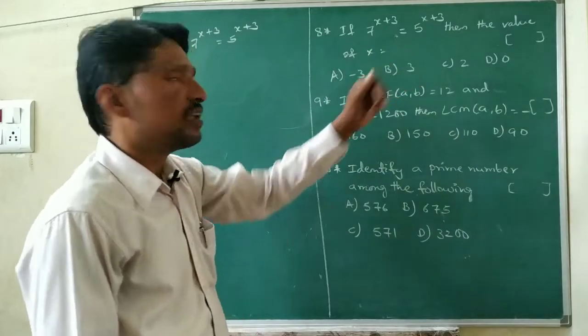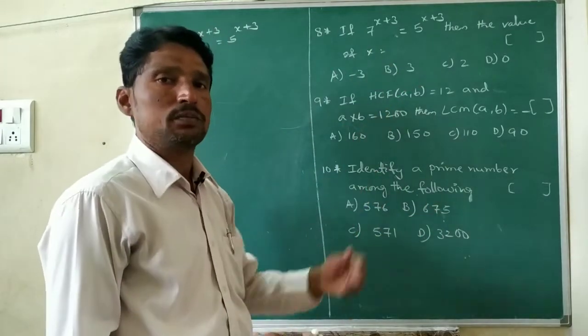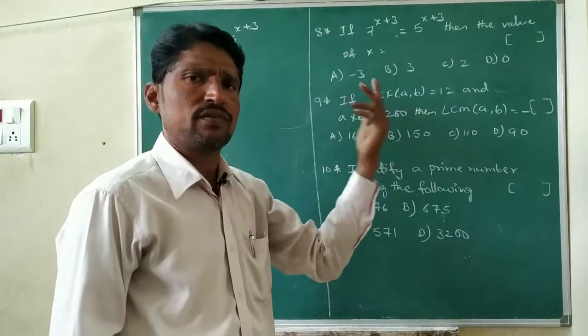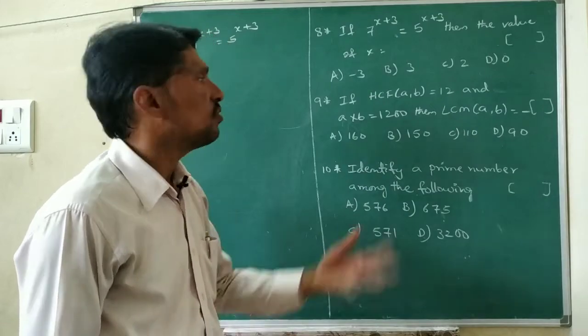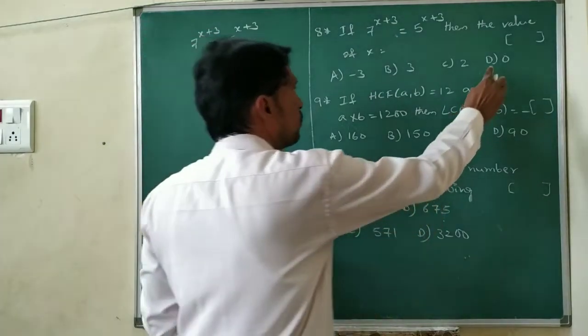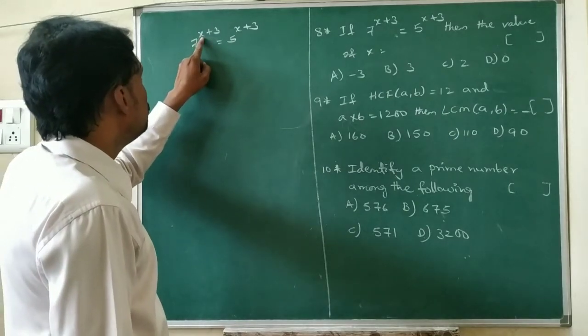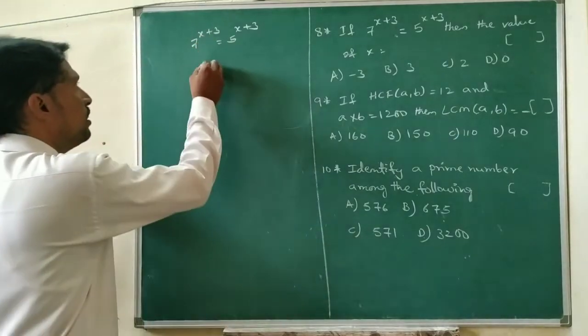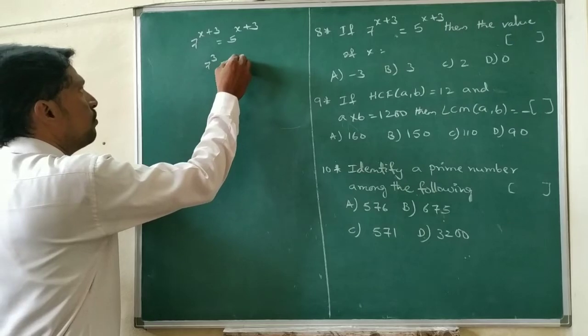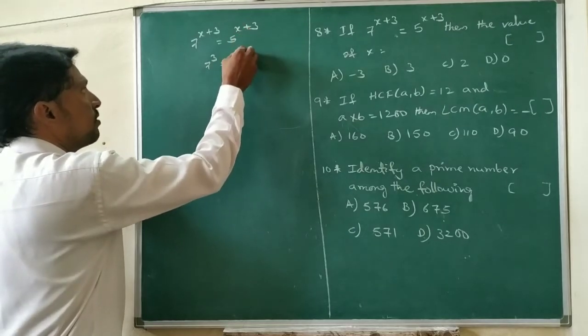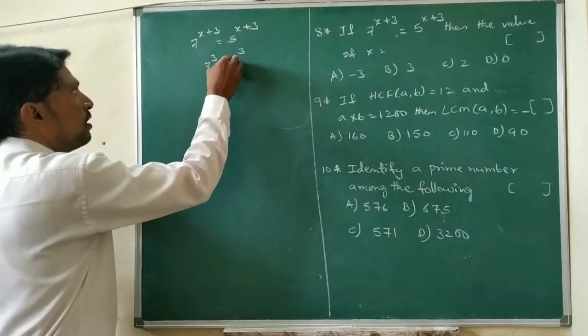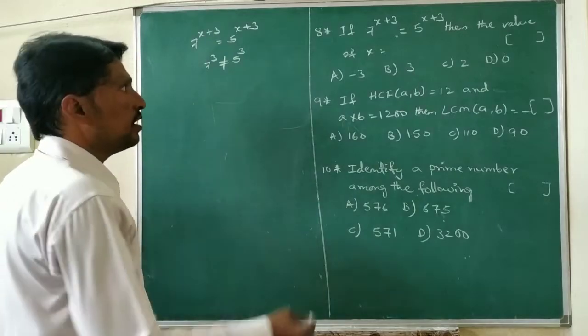Here options are given, so we can choose from the options and get the answer within a fraction of seconds. First, substitute the value 0. 7 power 0 plus 3 means 7 power 3, and 5 power 0 plus 3 means 5 power 3. So 7 power 3 is not equal to 5 power 3.